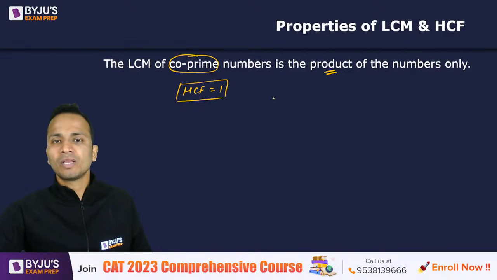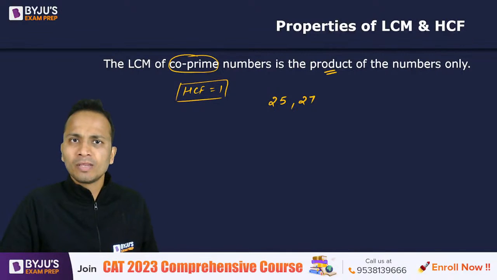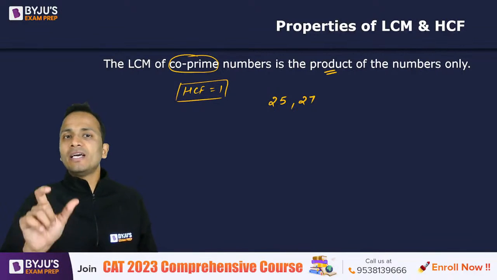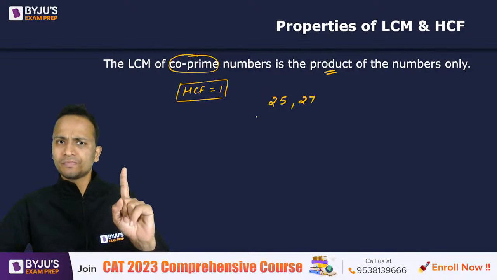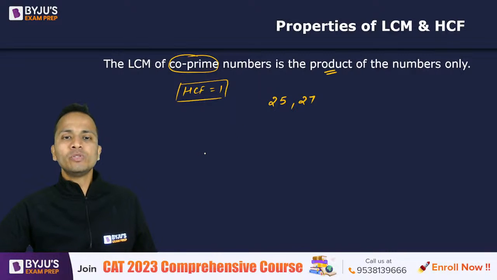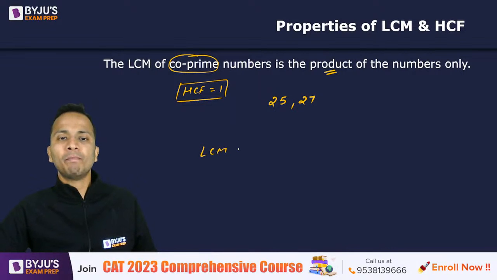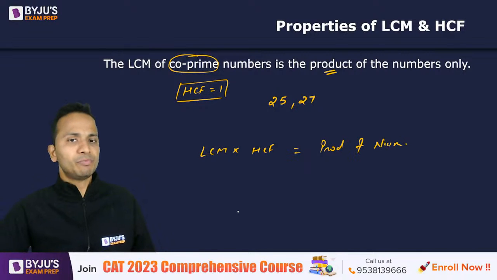For example, 25 and 27. Now 25 and 27 are two numbers. If you look at the common factors among these two numbers, there is no common factor except 1. So 1 will become the highest common factor, right? Now using the property LCM multiplied by HCF will be equal to the product of numbers, we use this property.